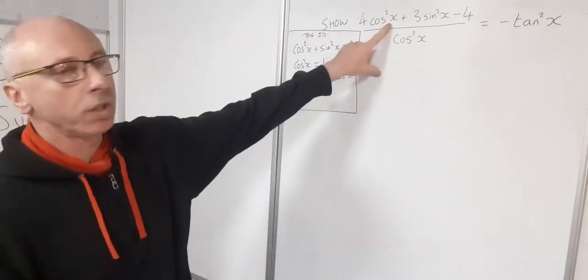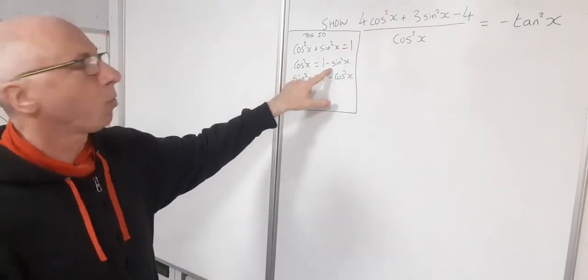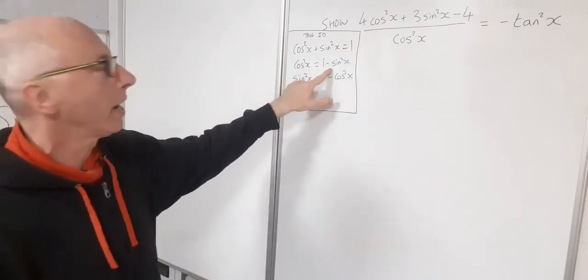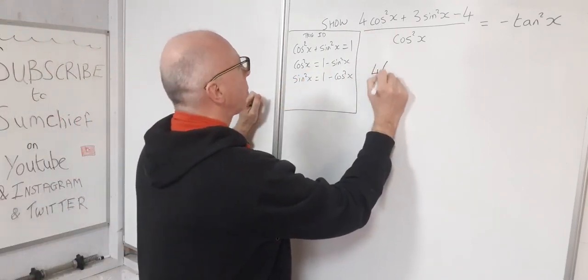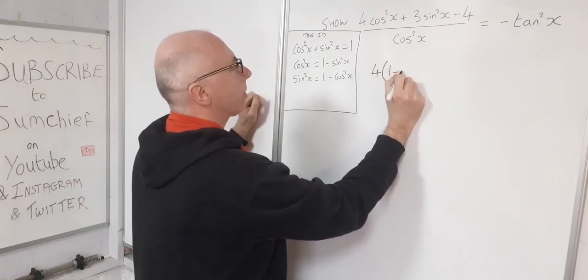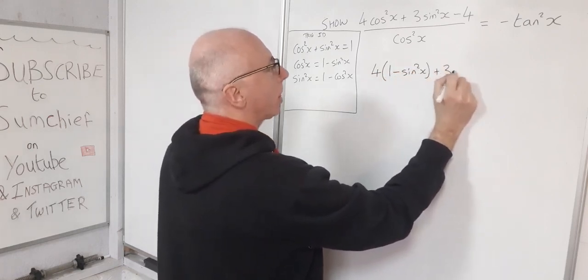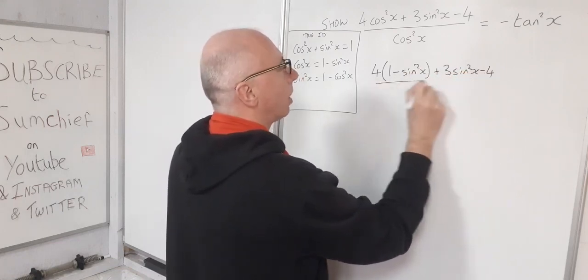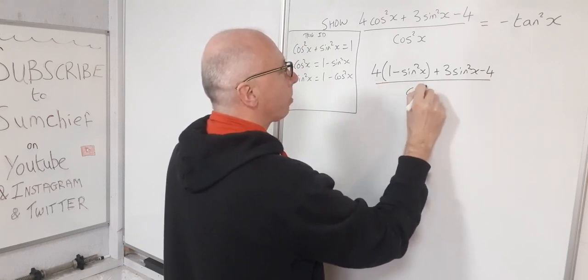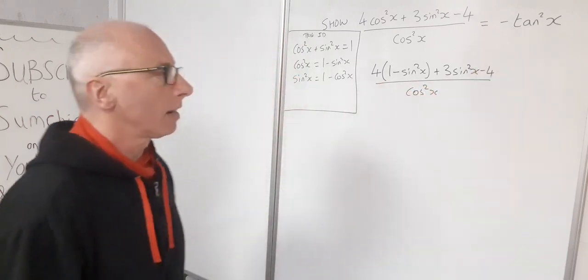So let's substitute in for cosine squared x. So cosine squared x is 1 minus sine squared x. So let's substitute in for that. So now I'll have 4 times 1 minus sine squared x plus 3 sine squared x minus 4, and divide that by cosine squared of x. And hopefully we're going to get this at the end.